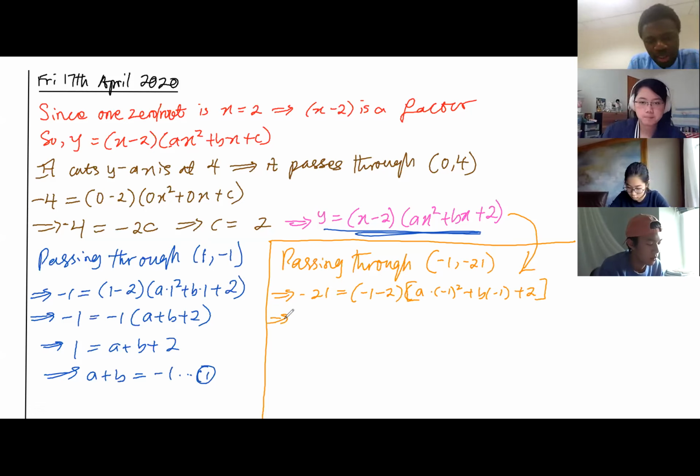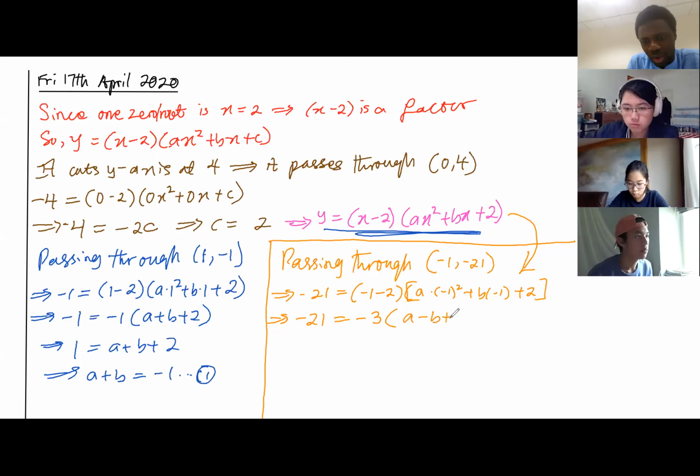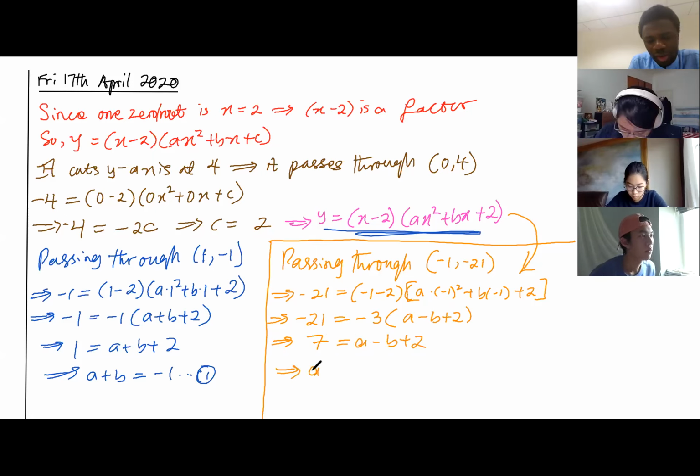So this implies minus 21 equals minus 3, times plus a, minus b, then plus 2. So I can divide through by minus 3, which means 7 equals a minus b plus 2. And when minus 2 comes here, I get 5. So a minus b is equal to 5. And that's equation 2.